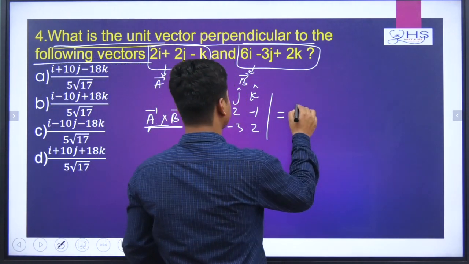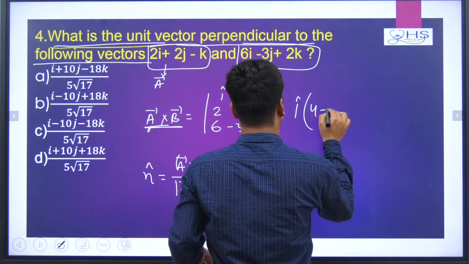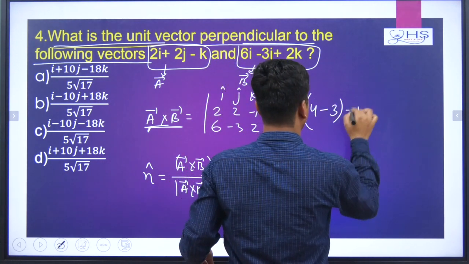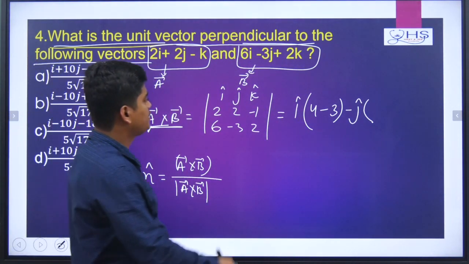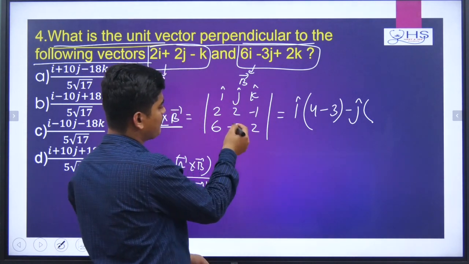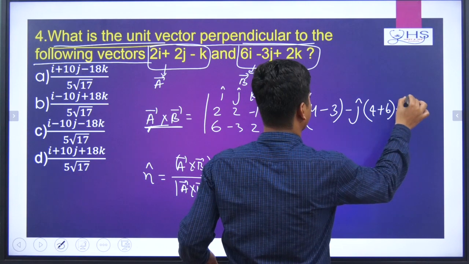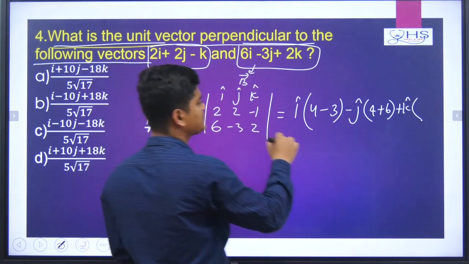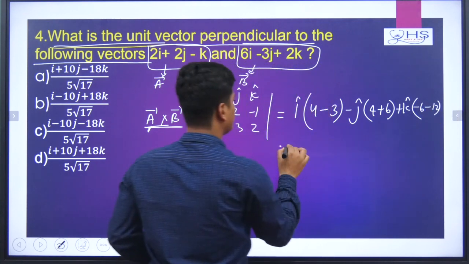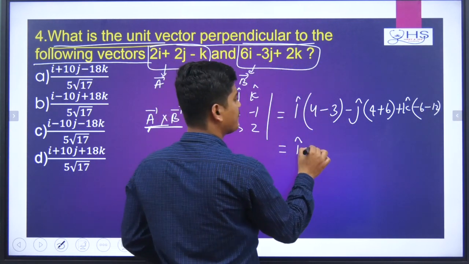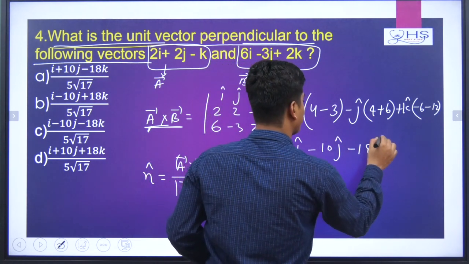Now how much is coming? i cap will be 4 minus 3, minus j cap 4 plus 6, plus k cap minus 6 minus 6, minus 12. So this will be i cap minus 10 j cap minus 18 k cap.